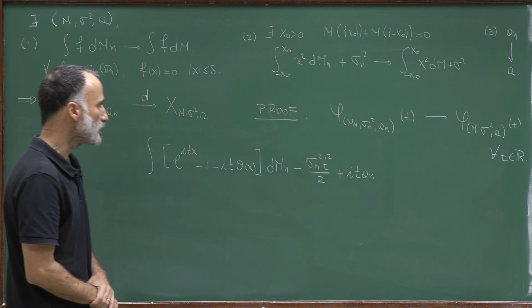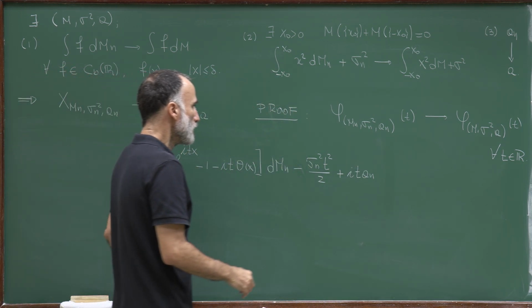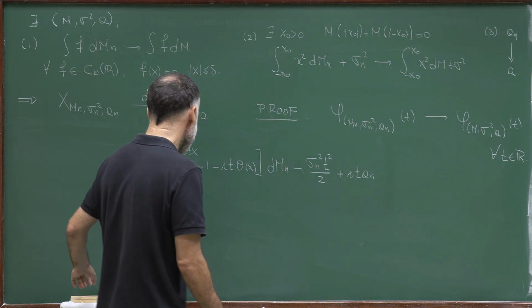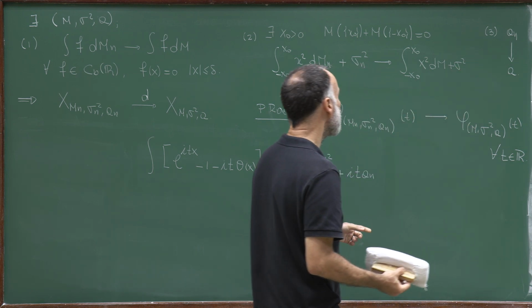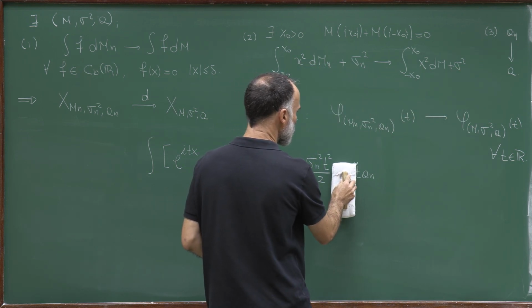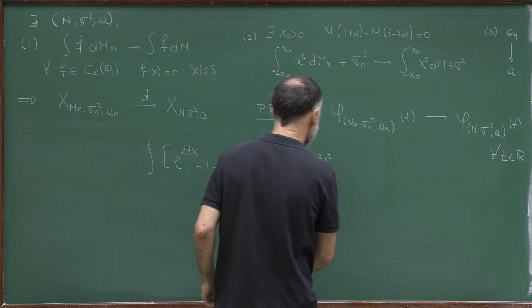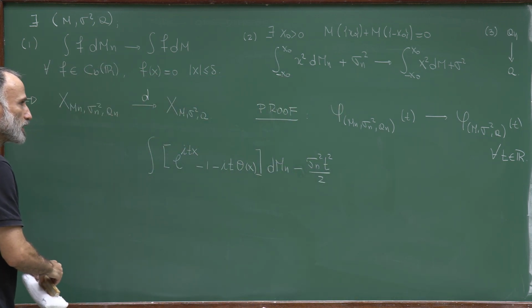I will do that in 2 steps. There is a 0 step, which is obvious: since an converges to a, this piece here converges. So this one, I don't need to take care of.